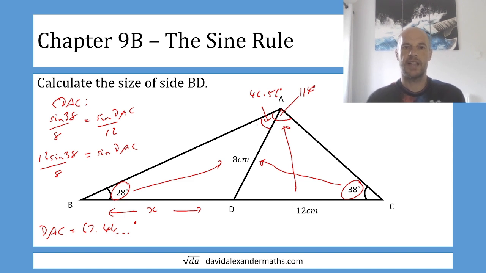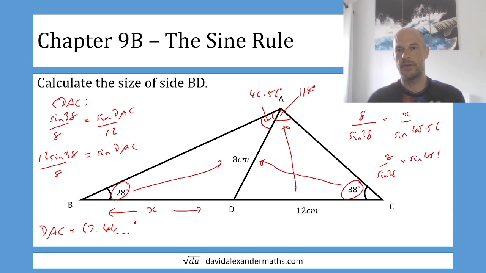Okay, so now I can use the sine rule on the ABD triangle. So I'm trying to work out x, which is the side length, so I can use the sine rule with the sides on top. So a over sine A equals b over sine B. So 8 over sine 28 equals x over the sine of 45.56. In other words, 8 over sine 28 multiplied by the sine of 45.56 equals x.